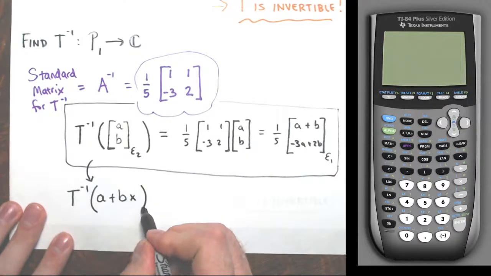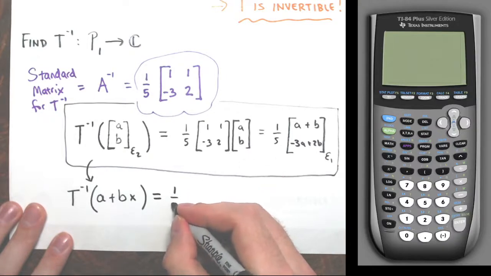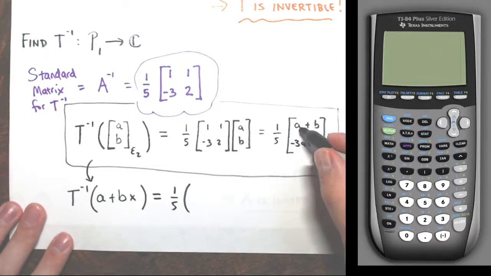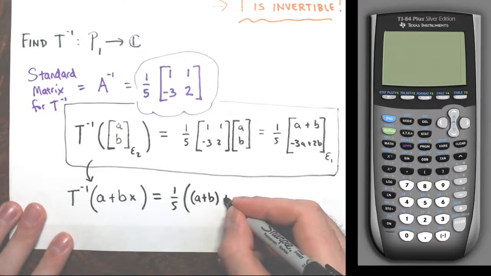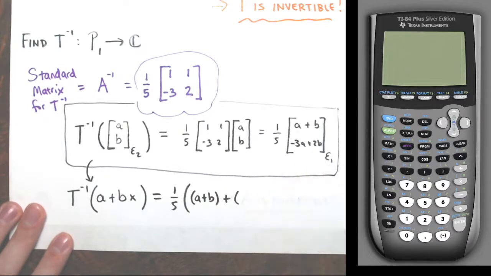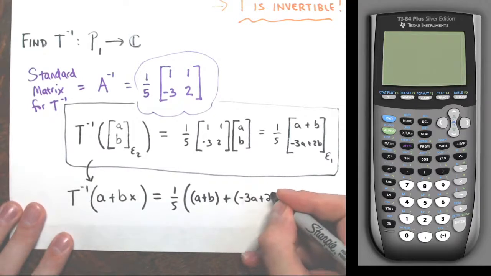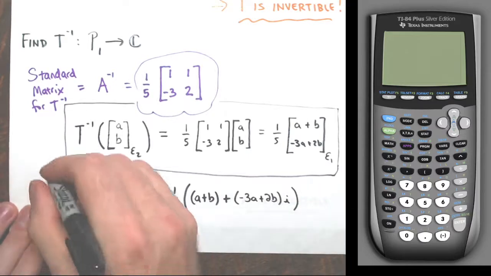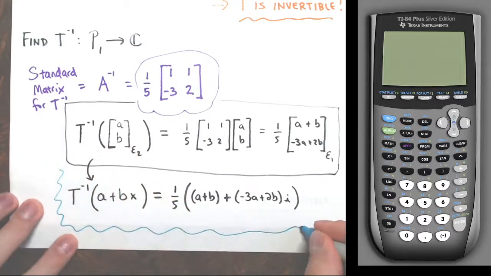and this will be equal to 1/5 multiplied by, and then this coordinate vector represents a complex number, where the first was a constant, a plus b, plus, and then the second was the coefficient of that imaginary number i, negative 3a plus 2b times i. So this is the actual rule, and this doesn't involve coordinate vectors.